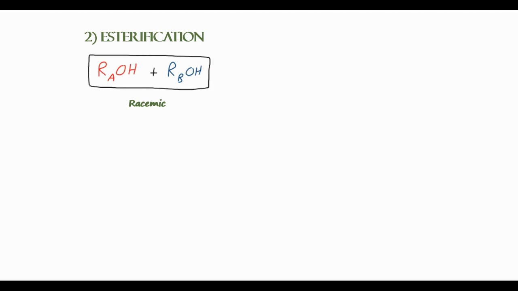Another method is esterification, and this is a reaction that we'll talk about later in the course, but it involves making an ester, so an organic ester, out of a carboxylic acid and an alcohol. So, for example, if we have a racemic mixture of alcohols, let's call them RaOH and RbOH, where R is our chiral group, and an enantiomerically pure carboxylic acid, we'll call that R' with a carboxyl group on the end.